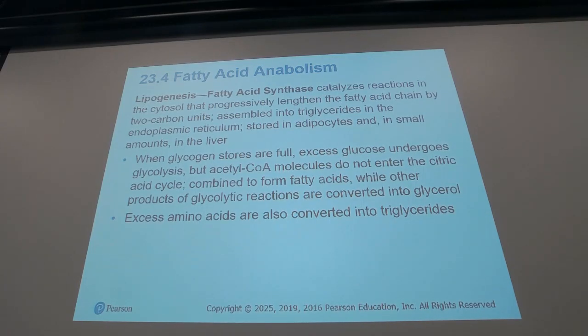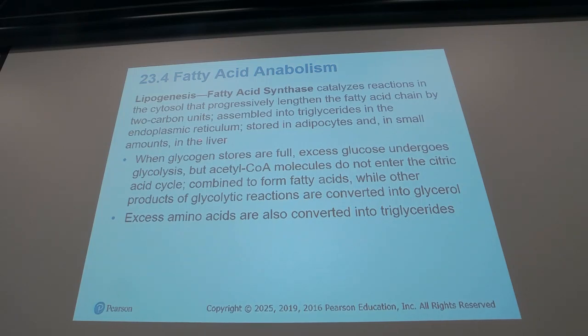In a triglyceride, you have 3 fatty acids and a glycerol molecule. Now, these triglycerides are assembled in the cell in the endoplasmic reticulum. So it's a process that takes a little bit more steps.